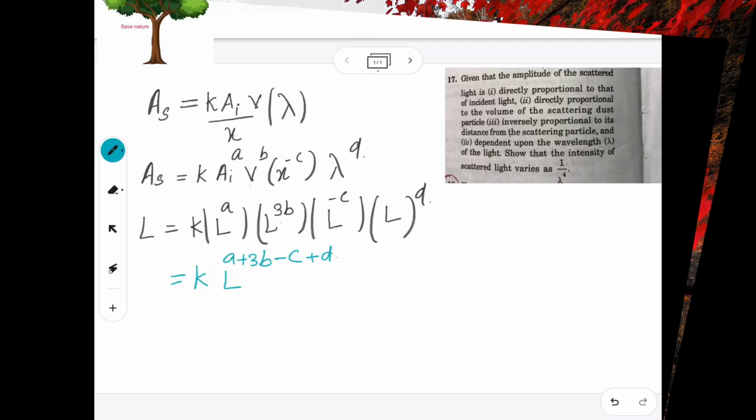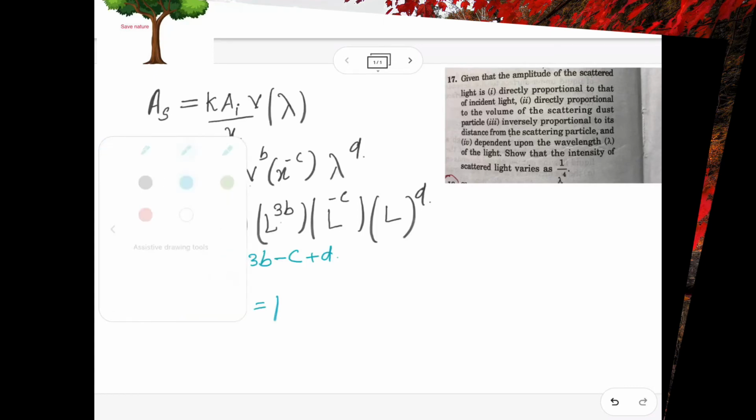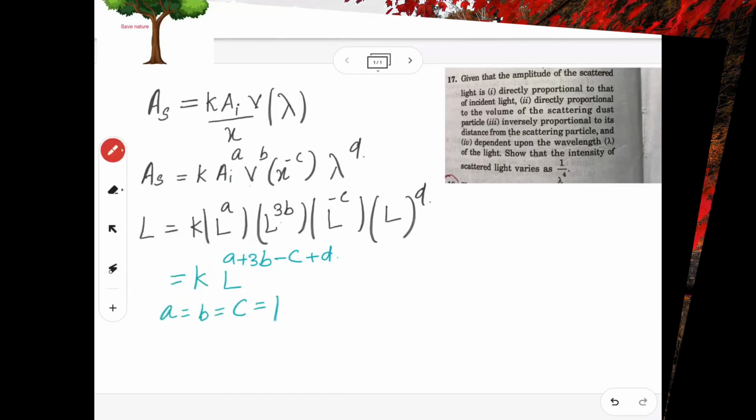Now from the question, points 1, 2 and 3, it is clear that A equal to B equal to C equal to 1, because it is given in the first point directly proportional. So I can substitute in the above equation. My answer will be coming like this.